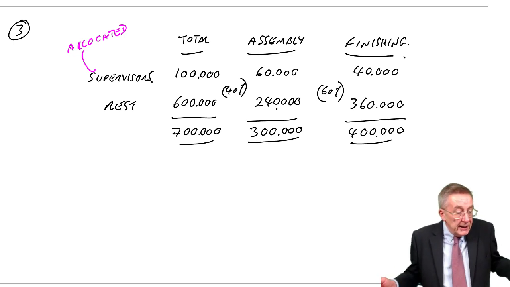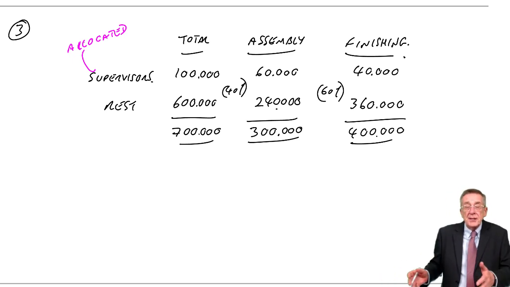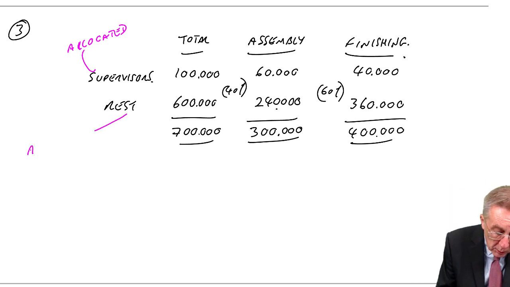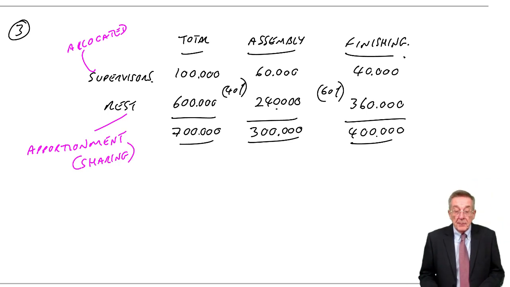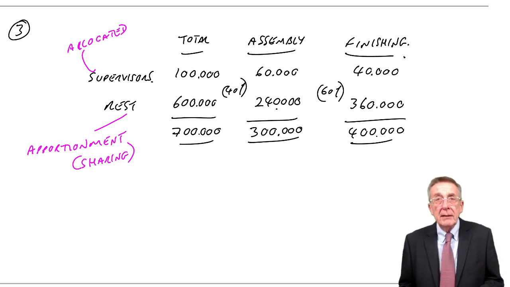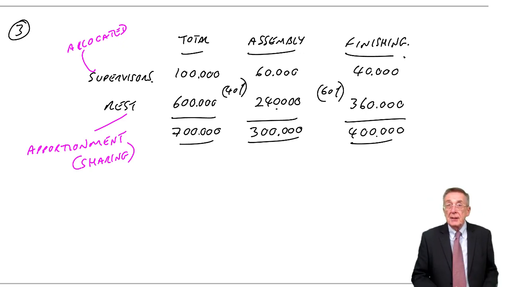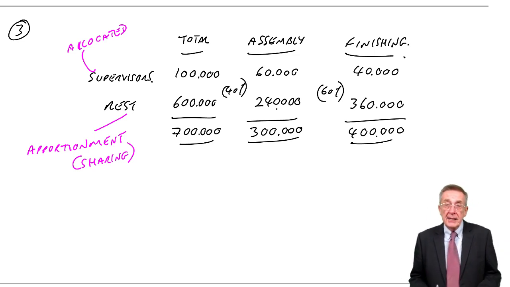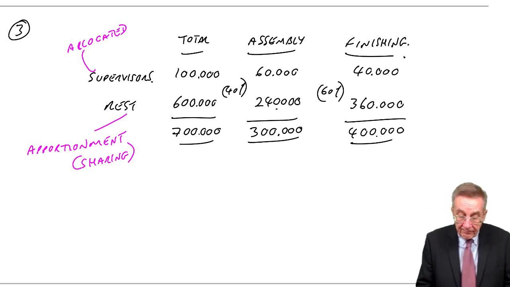I don't know why we decided 60%, 40%, but we shared them. We call that apportionment. It means sharing. So it's a minor point, but just in case the words are mentioned in the exam: allocating when you know where the cost is, apportioning when you're simply sharing it between departments.